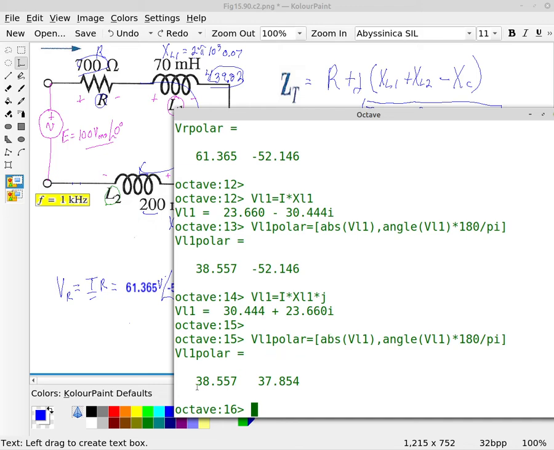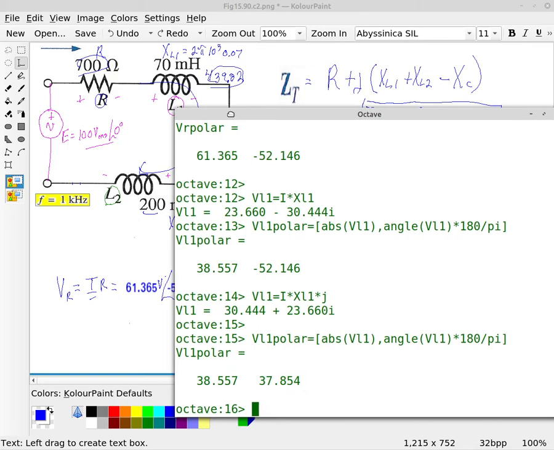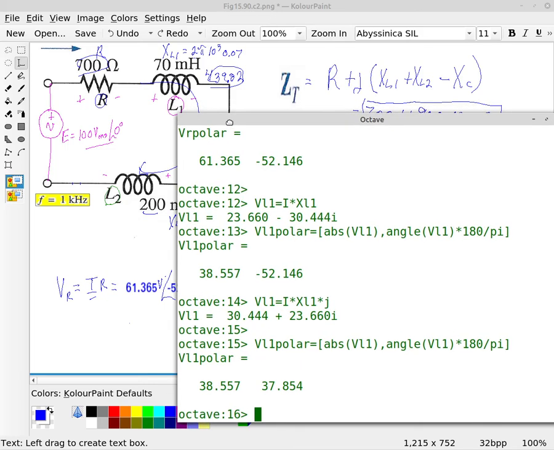You see the magnitude actually didn't change, but the phase angle did change, and that's what told me I'd forgotten the phase angle, because I was still at minus 52, and that cannot be correct.